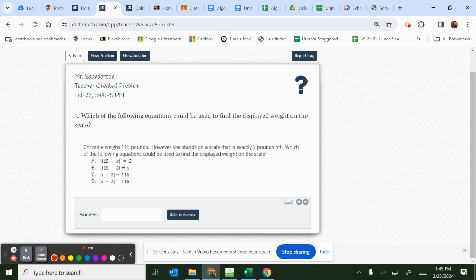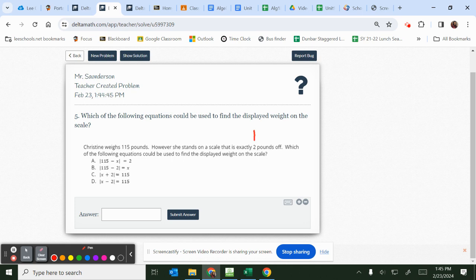So essentially, we know that what is displayed is 2 pounds off. When it says 2 pounds off, it doesn't only mean that it could be less by 2 pounds, it also could mean that it would be greater by 2 pounds.